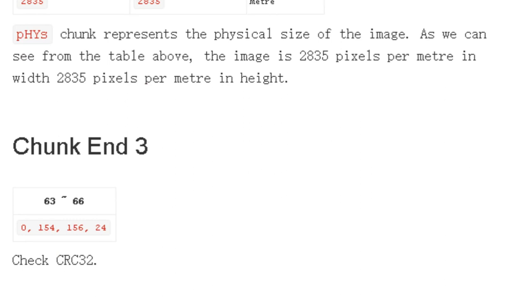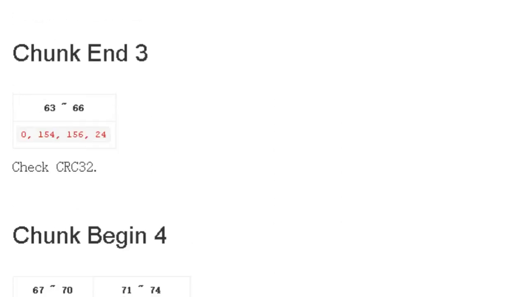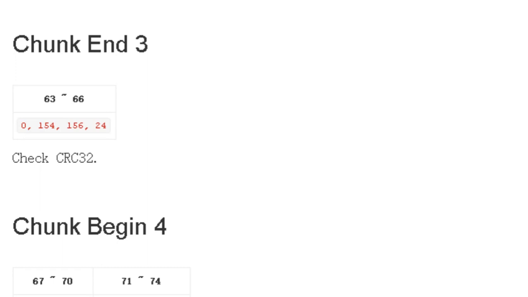As we can see from the table above, the image is 2,835 pixels per meter in width and 2,835 pixels per meter in height. Chunk end 3. The bytes 63 through 66 inclusive, 0, 154, 156, and 24 is a CRC32 checksum.